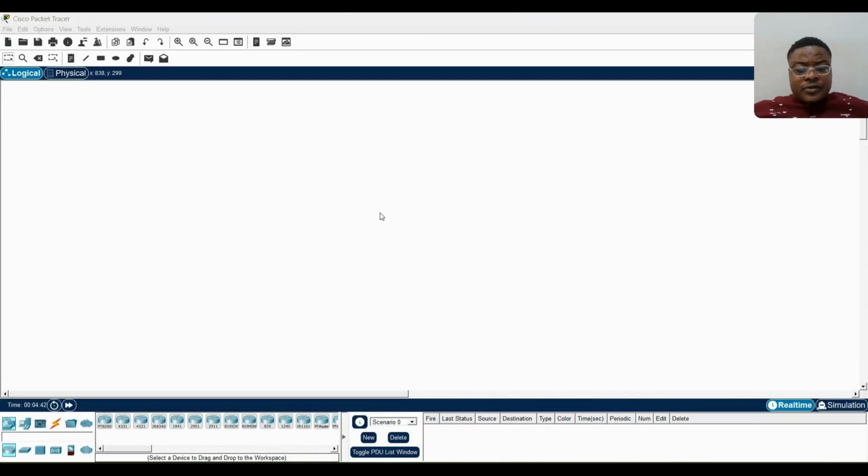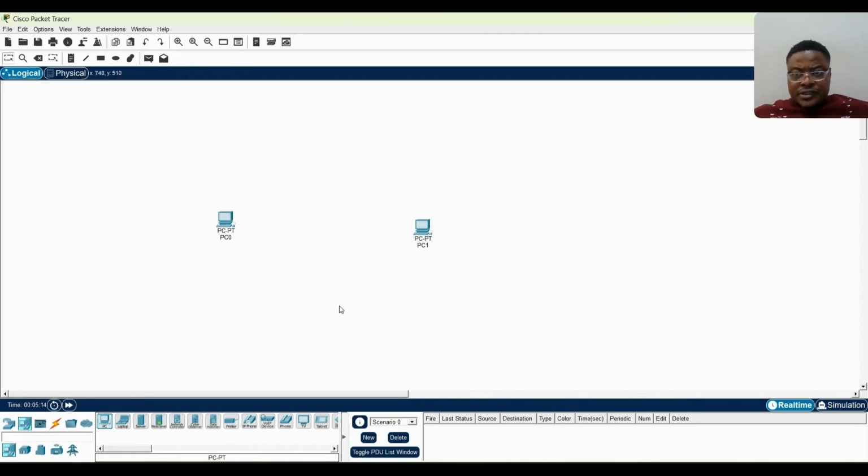All right, I'm going to use Cisco Packet Tracer to show the physical, data link, network, and transport layers in one connection. I'm going to use a PC. This is PC 0.